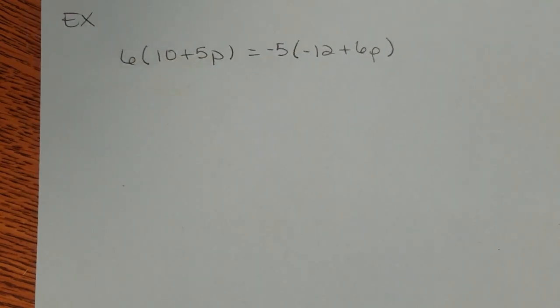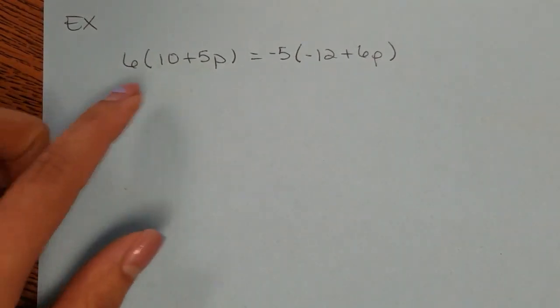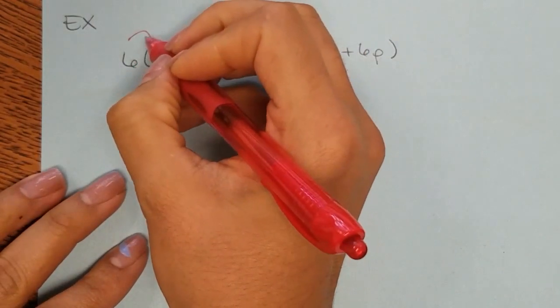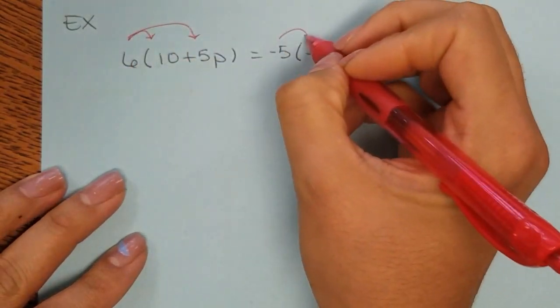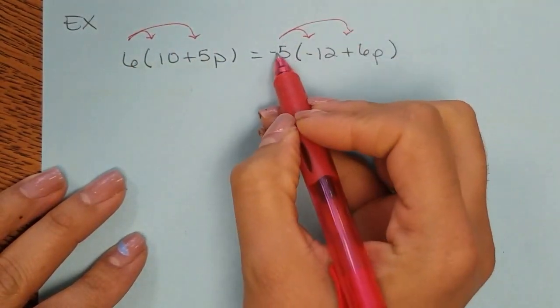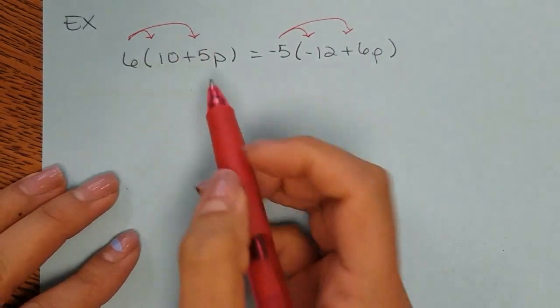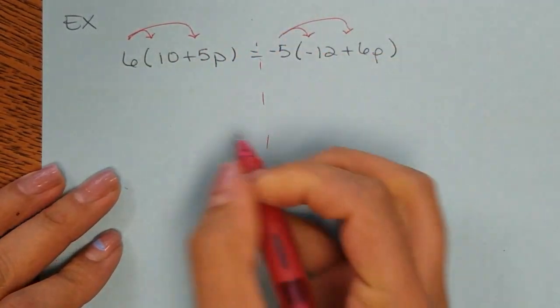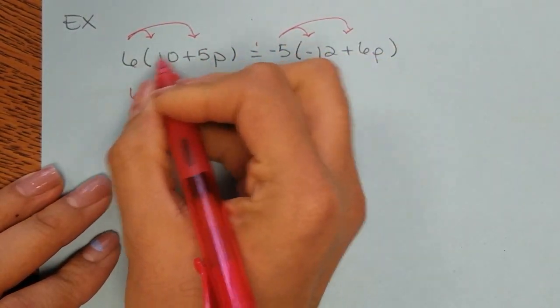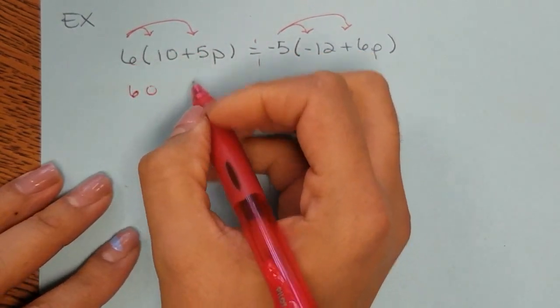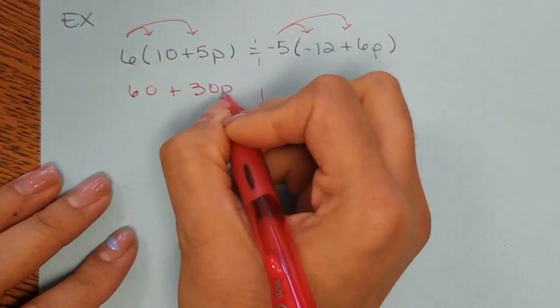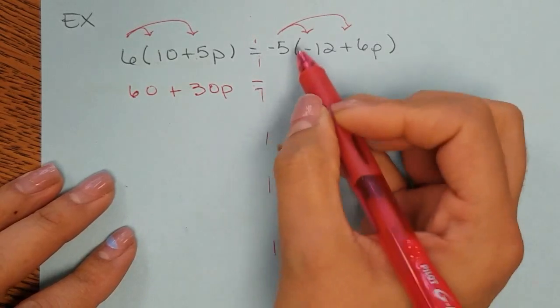I have one more example. Here you're distributing on both sides, so make sure that you distribute correctly. Here we have a negative, so you're going to have to distribute that all the way through. 6 times 10 is 60. 6 times positive 5 is positive 30p. Oh, man. Okay.